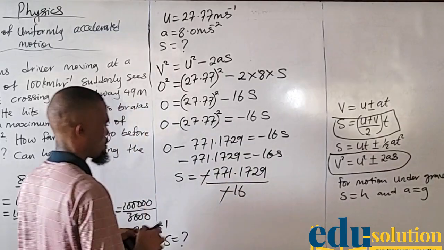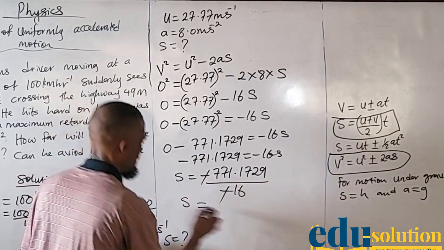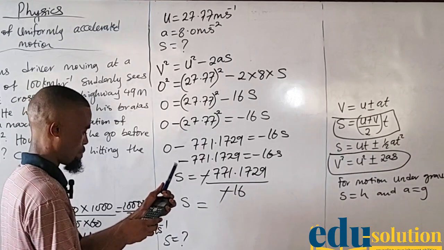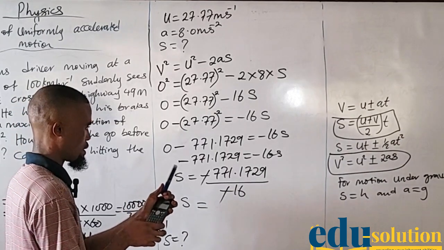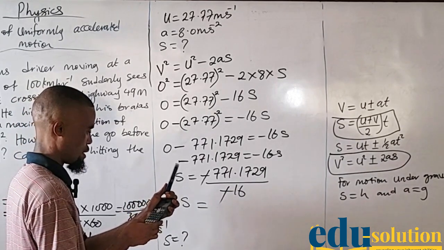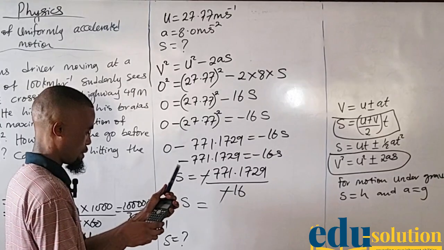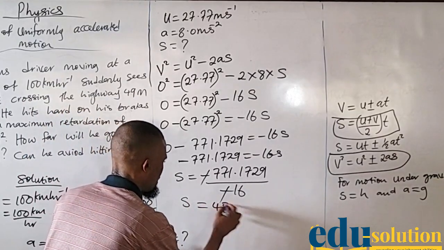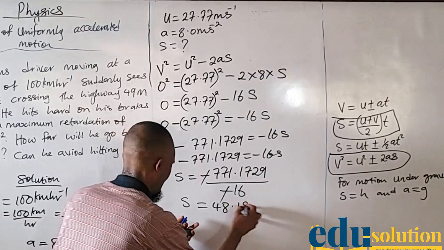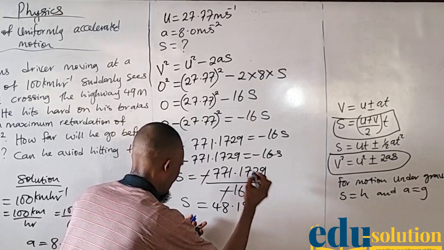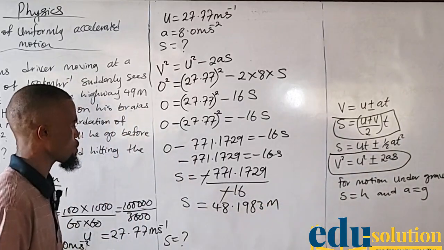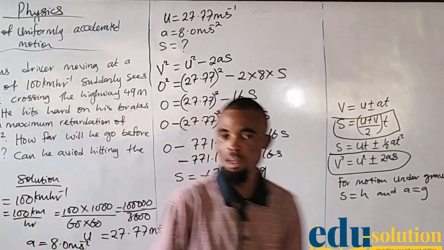Minus will cancel minus. So that we have finally x is equal to 771.1729 divided by 16. So we have 48.1983 meters. So this is the answer we are having.